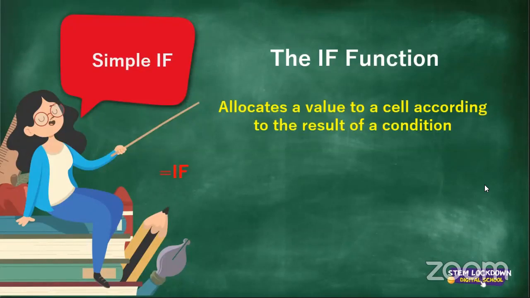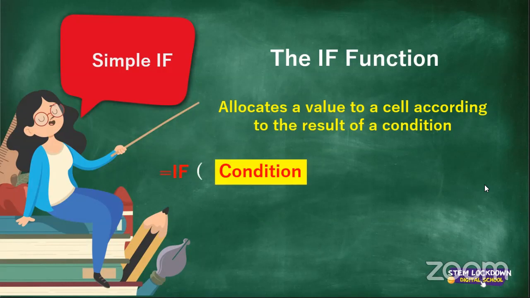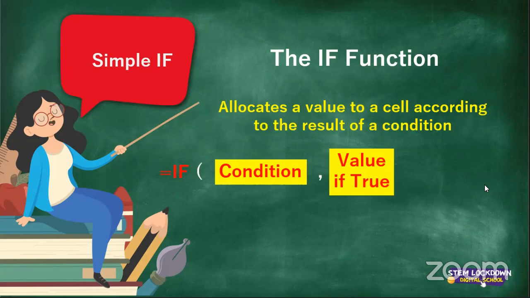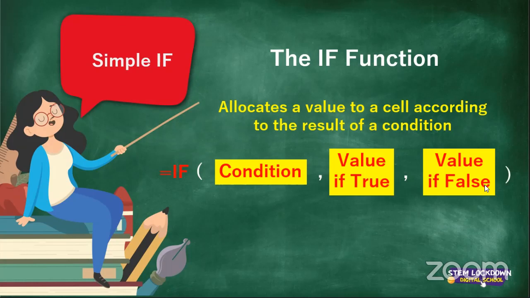And it has the following syntax: equals IF, the condition that you want, the value that you want to be represented in the cell if the condition is true or if the condition is met, then the value if false. If the condition is not met, what answer should be in the cell, right?